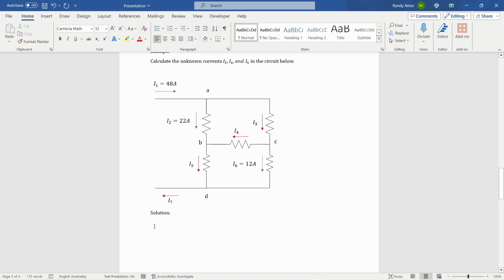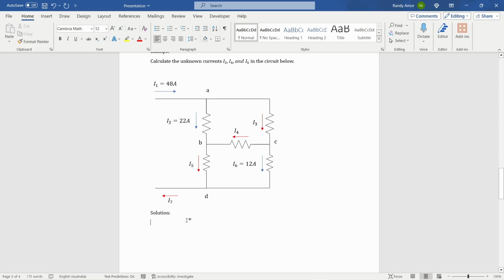The solution is, if we apply KCL, or Kirchhoff's current law, at node A, we can see that the current entering node A is 48 amperes, and the currents leaving node A are 22 amperes for I2, and I3.